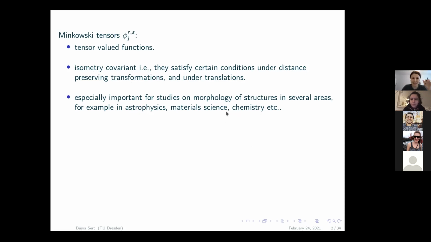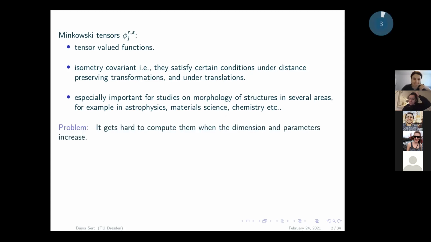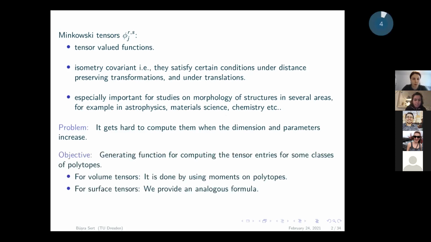They are very nice, but there is a problem: when the dimension and the parameters increase, it gets very hard to compute them. So we would like to have an easier way to compute them. One way is coming up with a generating function so that we can obtain tensor entries, at least for some classes of polytopes.